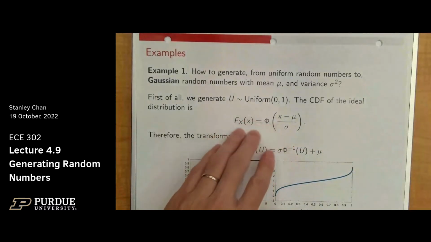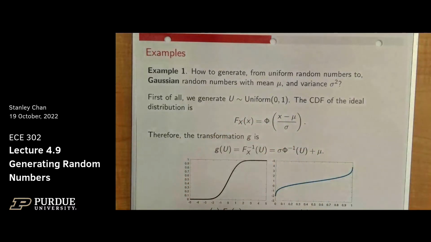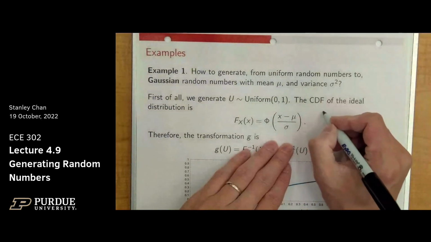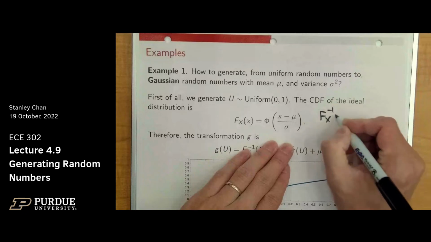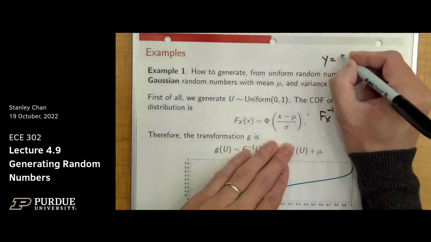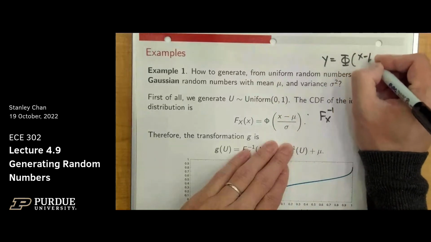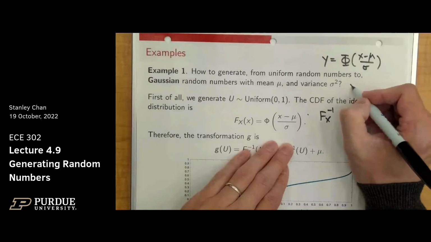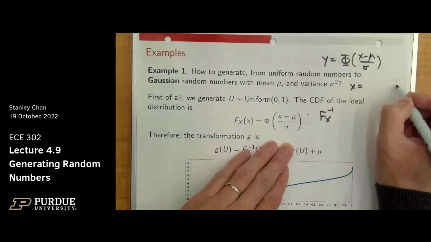So that is the CDF of x. Then what would be the transformation? Well, the transformation has to be fx inverse, right? So if I say y equals this phi of x minus mu divided by sigma, then I ask what would be the x? x equals something in terms of y.